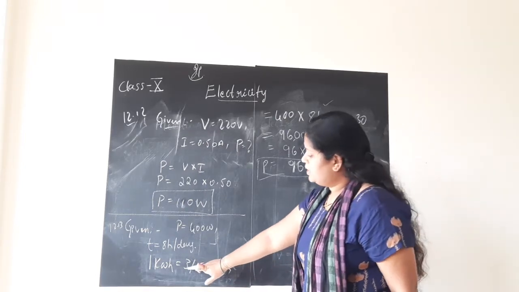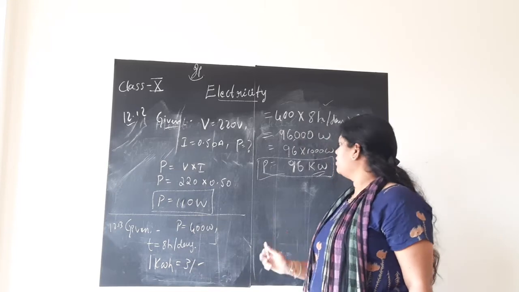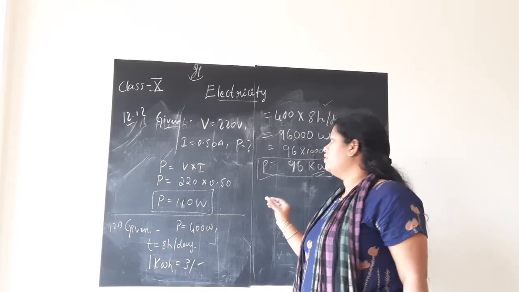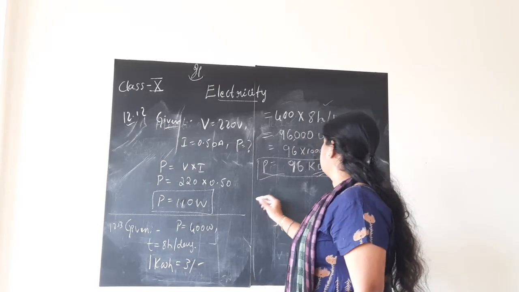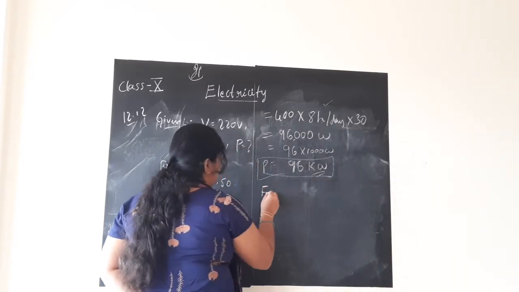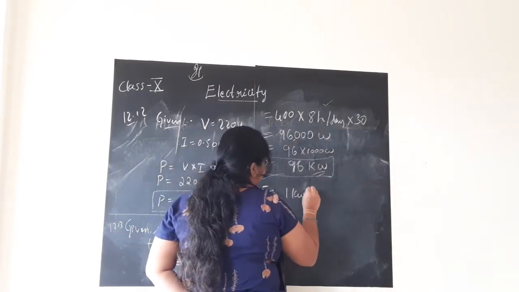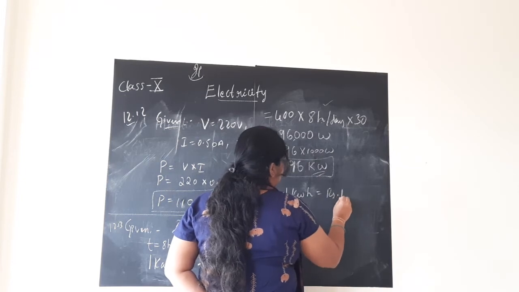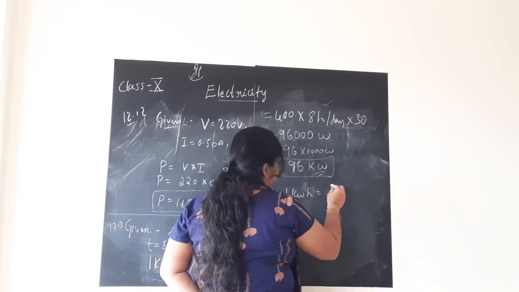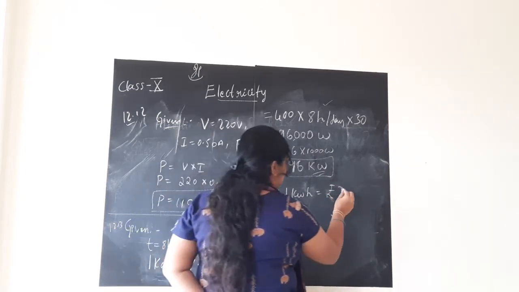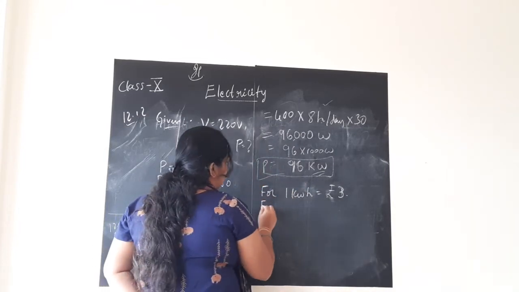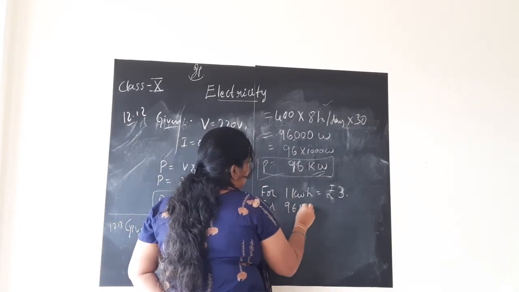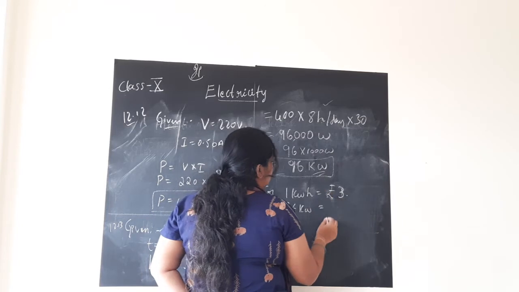So if 3 rupees is charged for 1 kilowatt hour, for 96 kilowatt hour how much? For 1 kilowatt hour, 3 rupees is being charged, means for 96 kilowatt hour, how much is charged?